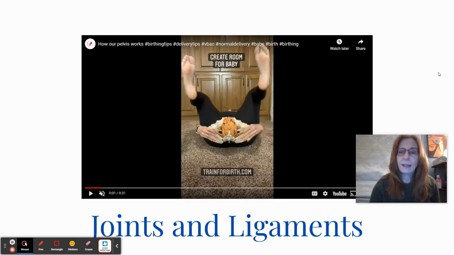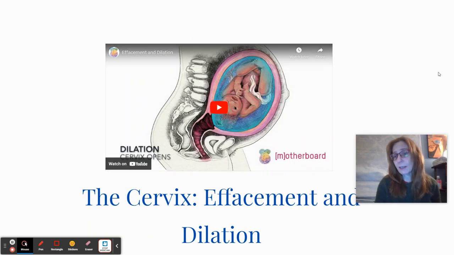Okay. Next, we're going to talk about some of the softer tissues. So the cervix is what we think of mostly in first stage of labor. It has to keep the baby in for most of that pregnancy. So it's not going to be dilated, hopefully, too early. And it's going to stay thick and it's going to stay hard so that it's not easy for that baby to get through when it's still developing and it needs that.